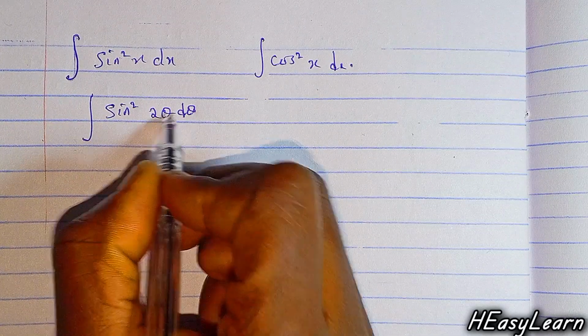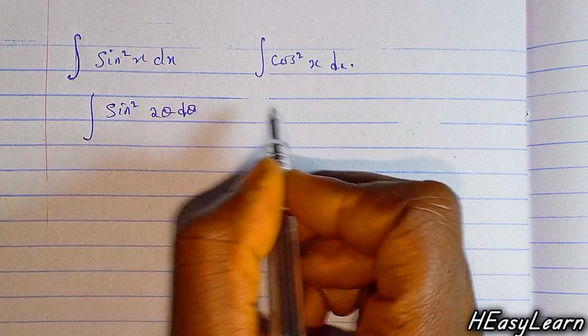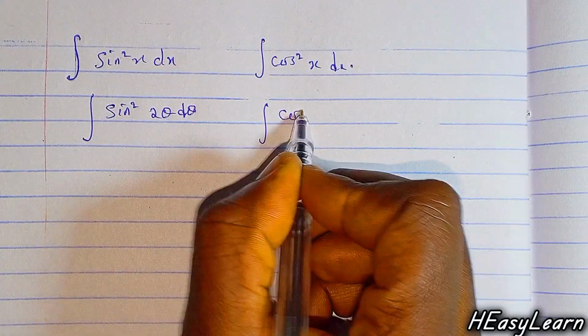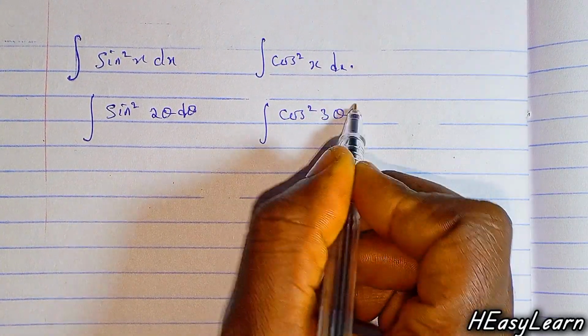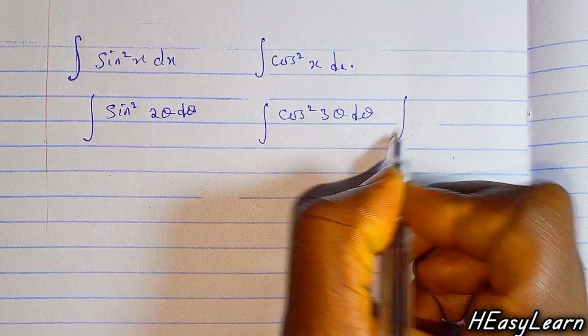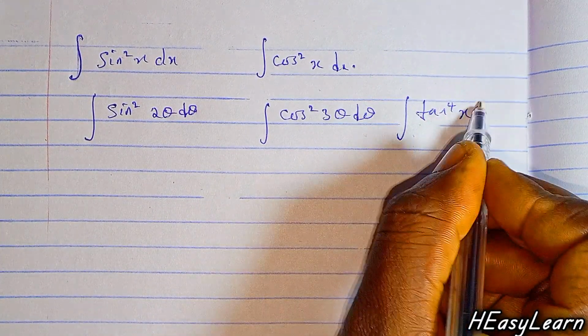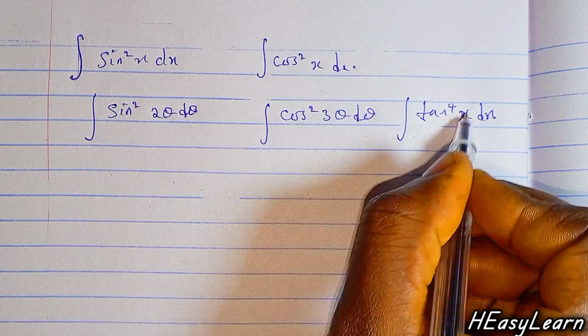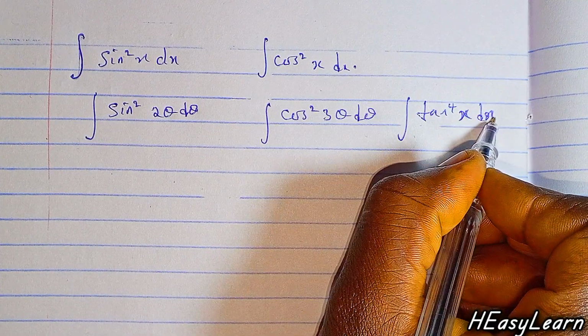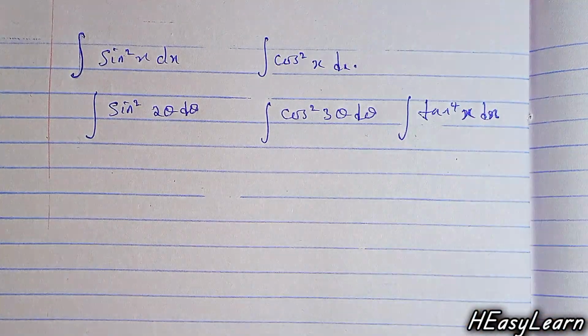You can replace theta with x or any variable. How to integrate cos square 3 theta d theta. How to integrate tan 4x dx. Here can also be theta. You can also replace it as theta.